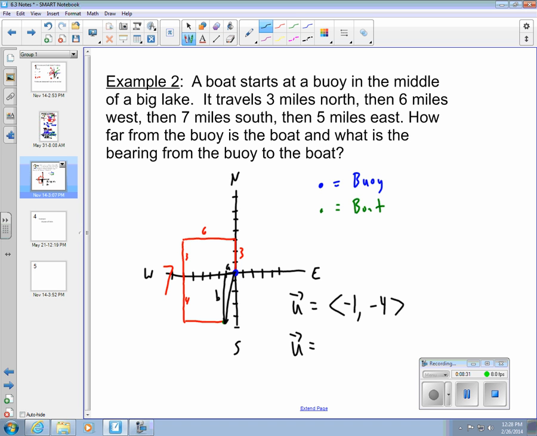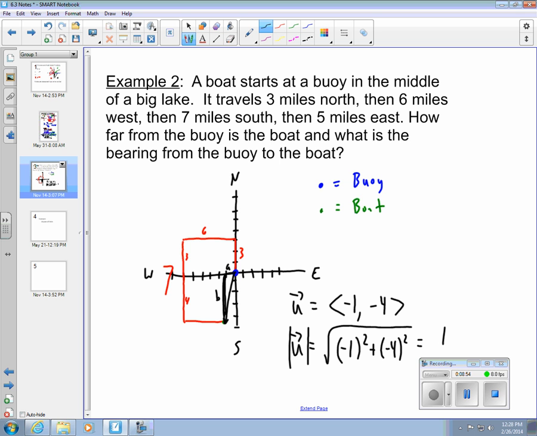And now we got to find the length. The length there, since we got 1 here for A and down here for B we've got 4, we can just use our nice Pythagorean theorem. So I can go -1 squared plus -4 squared and then take the square root of that. So what is that?